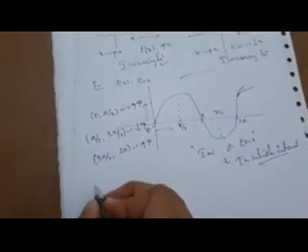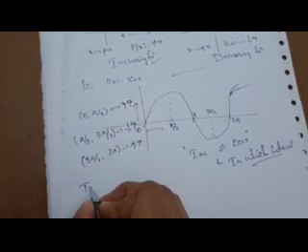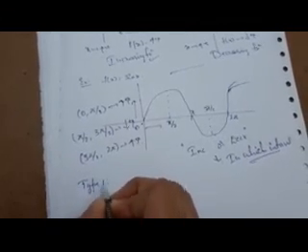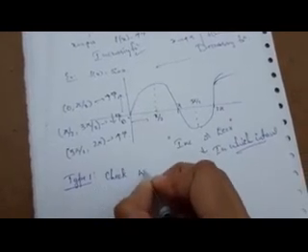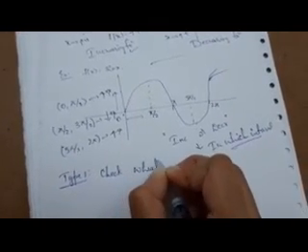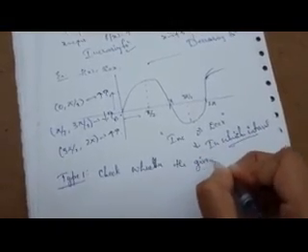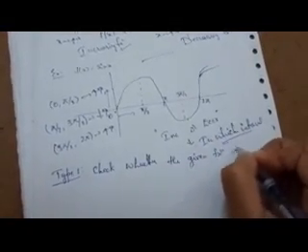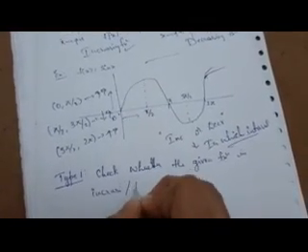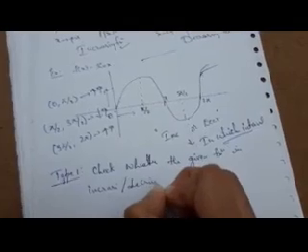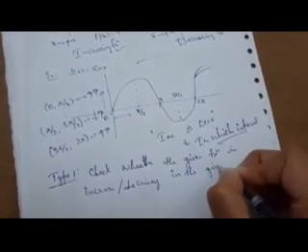So in this concept, you are going to see two types of questions. In type 1, we need to check whether the given function is increasing or decreasing in the given interval.